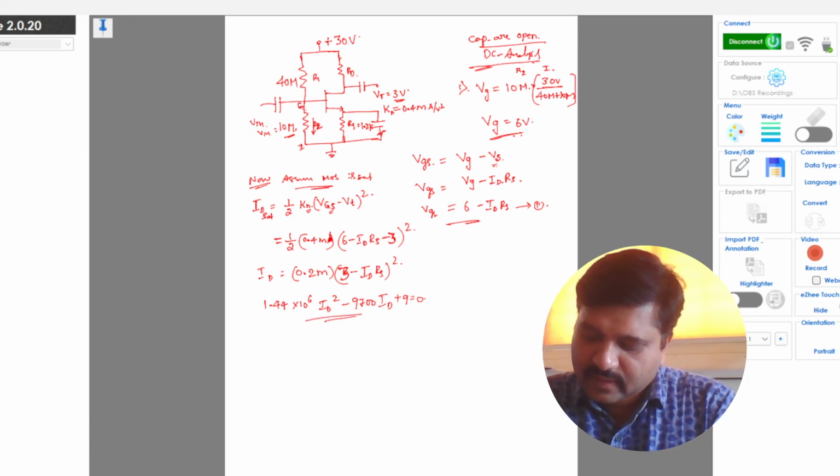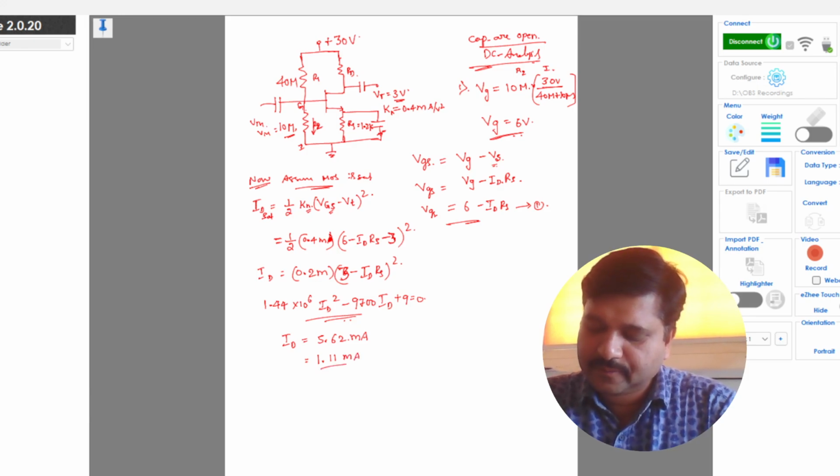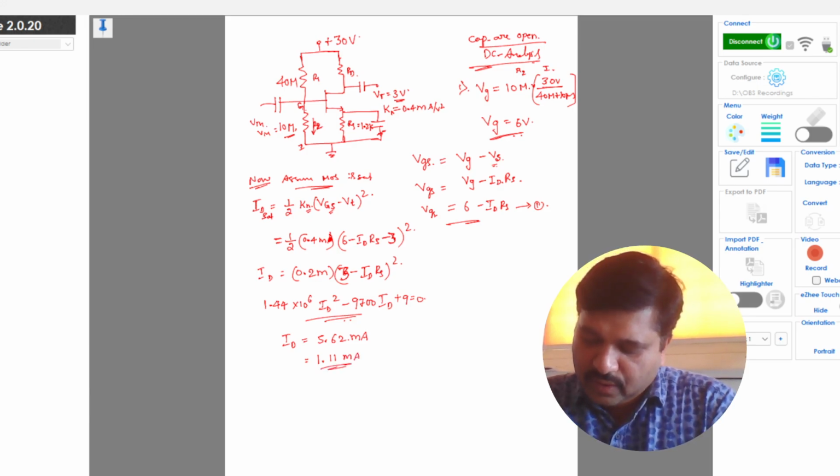Solving this quadratic equation, we get the value of Id as 5.62 milliamps and another value as 1.11 milliamps. If you take the first as the current, the device will not be in the saturation region, so you cannot take this.